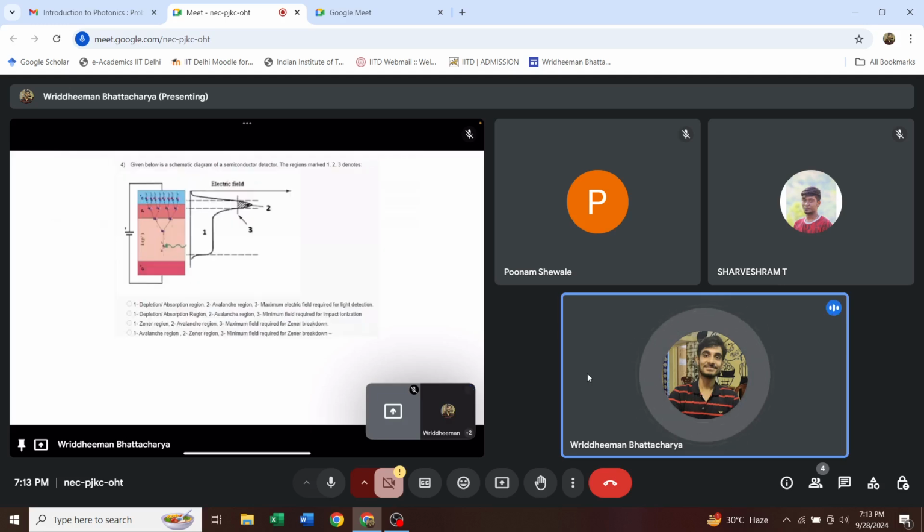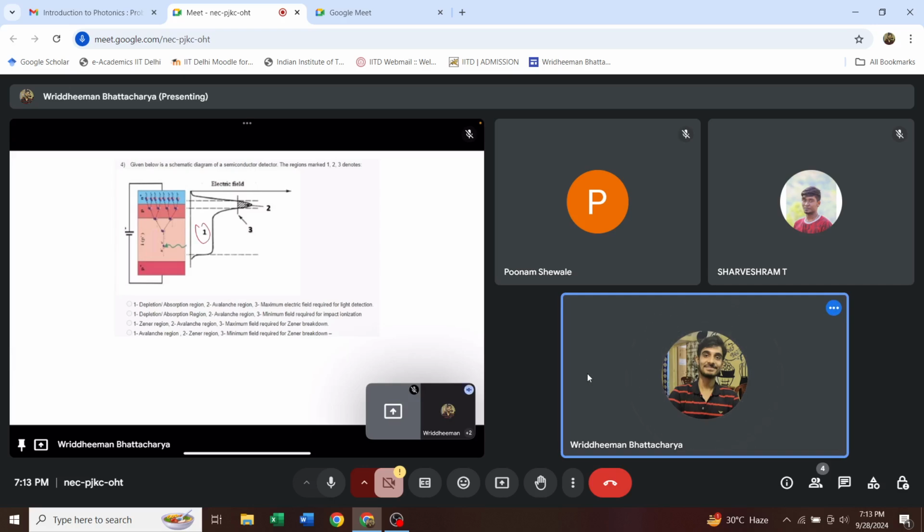Moving on to the next one. Given below is a schematic diagram of a semiconductor detector. The regions marked 1, 2, 3 denote what? The first part is obviously the depletion region, right?